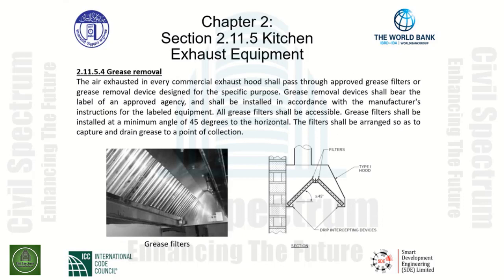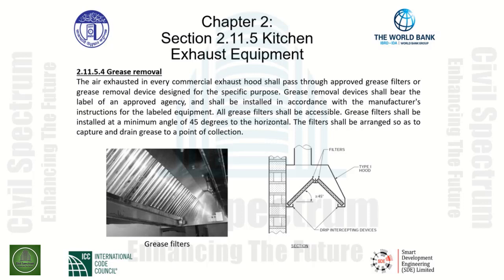Grease removal is given to us in section 2.11.5.4. When we capture the grease-laden vapor into the hood, we direct it through a filtration system. These are metal filters with mesh normally.